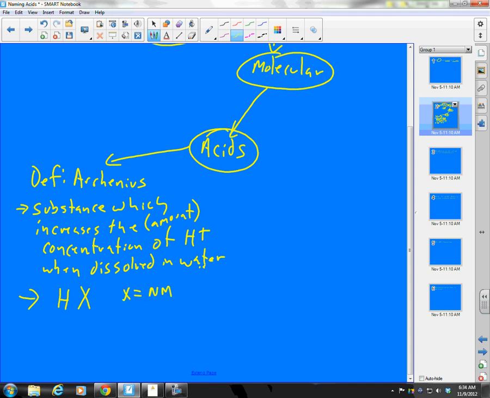And usually, most of the time, in fact, X is a halogen. Not always, but usually. And we might have one or two depending on the charge of our nonmetal, how many protons at once.